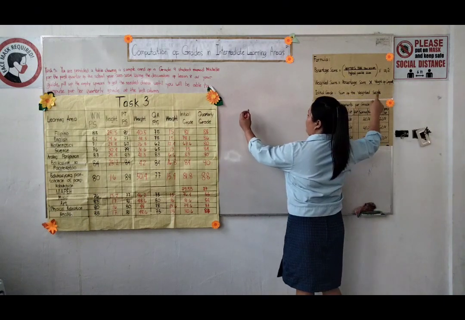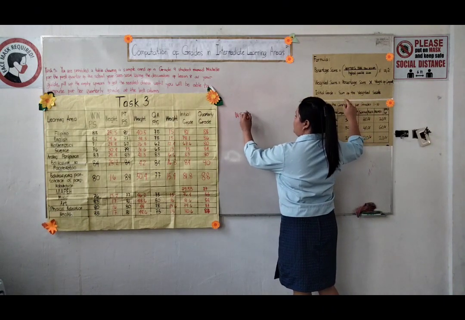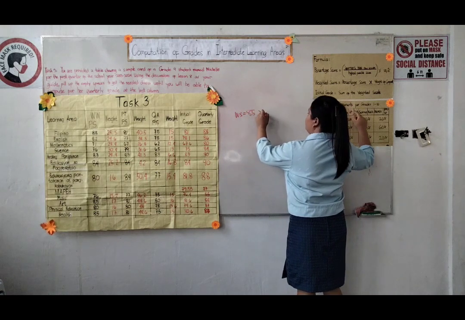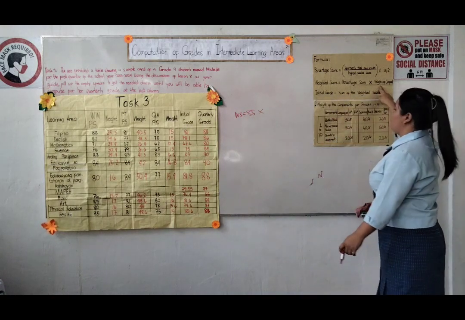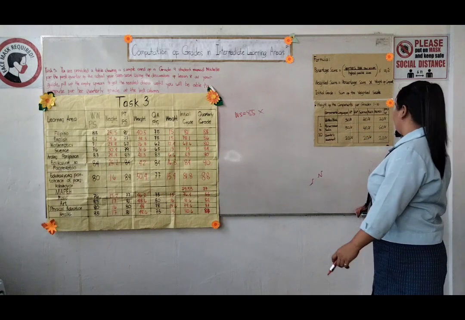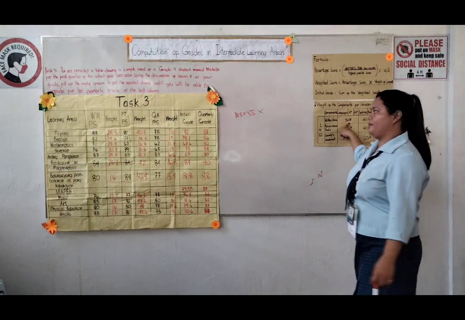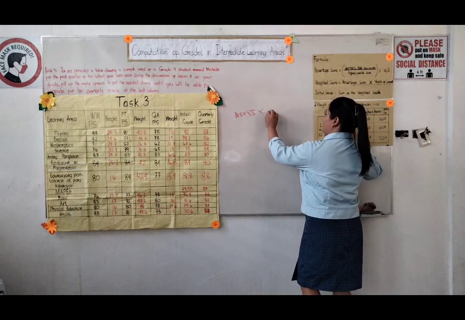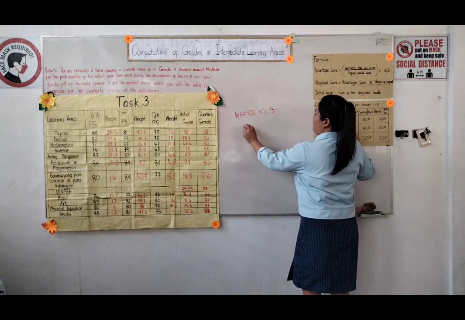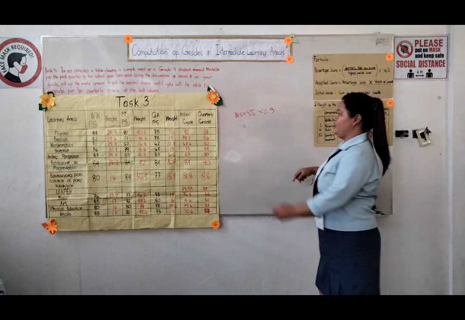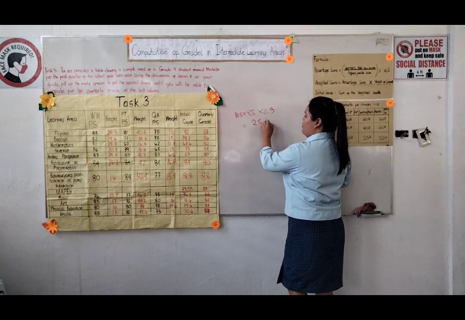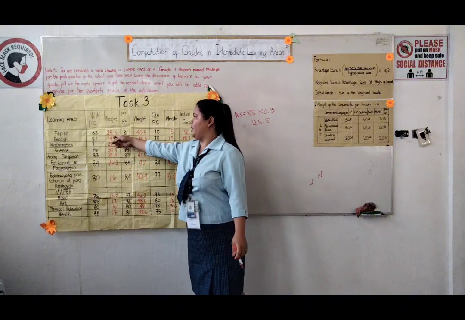So we have here the percentage score is 85 times the weight of component of Filipino in written work, which is 30%. So we need to convert it into decimal, 0.3. So 85 times 0.3 is equal to 25.5. So we have here 25.5.